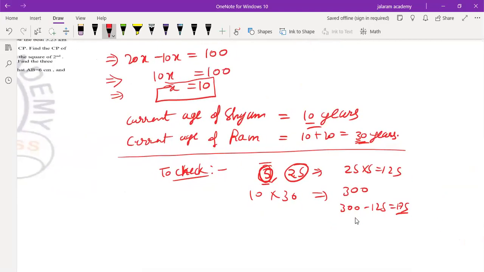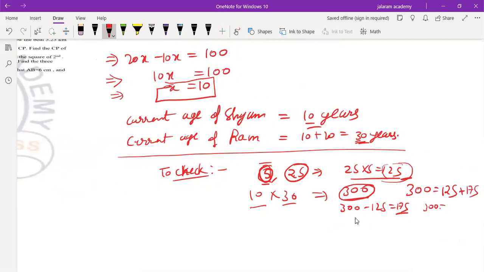Now, 5 years before, the product of the ages of Ram and Shyam is 25 into 5, 125. And this time it is 10 into 30, 300. According to the question, the product of the current ages of Ram and Shyam, that is 300, is 175 more than the product 5 years prior, that is 125 plus 175.